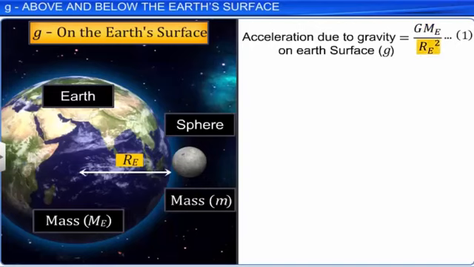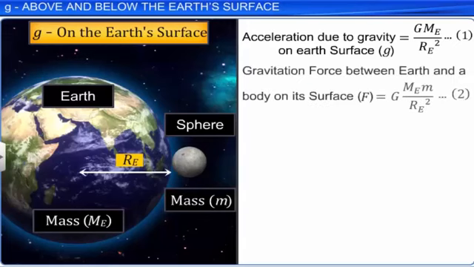This is basically derived from the gravitational force between the Earth and a body on its surface, which is indicated by equation 2: F equals G Me into m divided by Re square, where m is the mass of the body on the surface of the Earth.